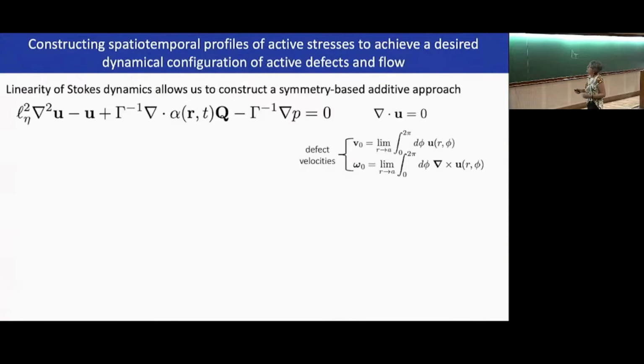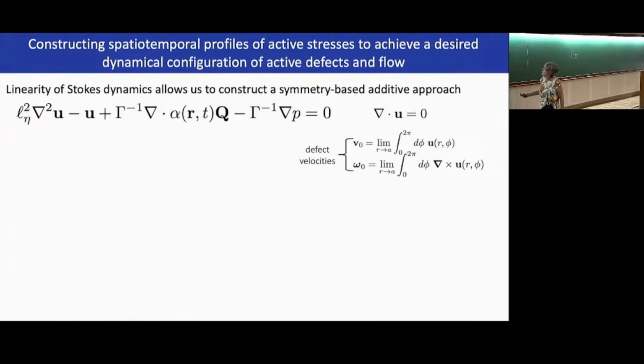And we can do it. So the goal again is constructing the profile of active stresses or activity that will give you a specific configuration of defects. And we do this by exploiting essentially the linearity of the Stokes equation and using symmetry. First of all, the linearity allows us to use an additive approach, and symmetry to characterize the type of flows that can arise from a given distribution of activity.